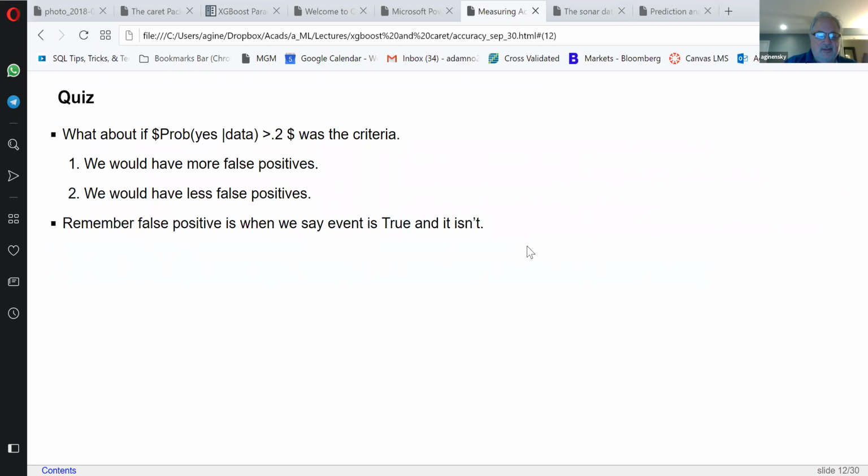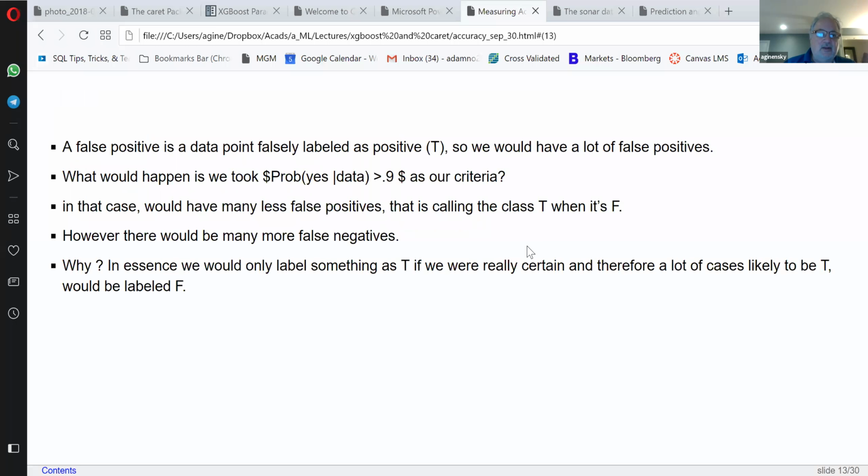Would we have more false positives or less? Oh no, sorry. I will say more false positives, because every time you will say it's a positive, because we set a very low bar for saying something's true. You're going to create a lot of false positives. Right. So yes.